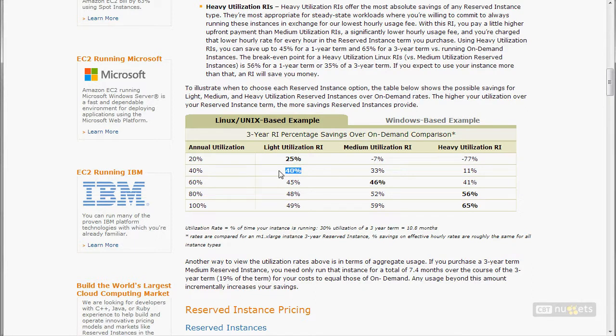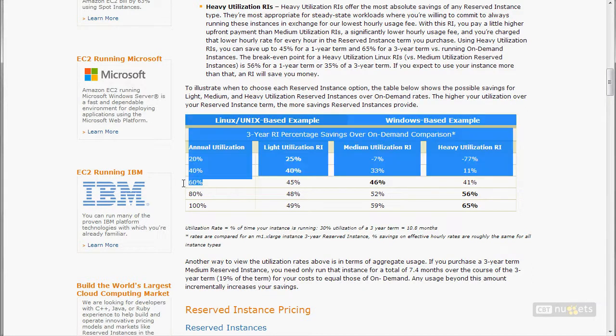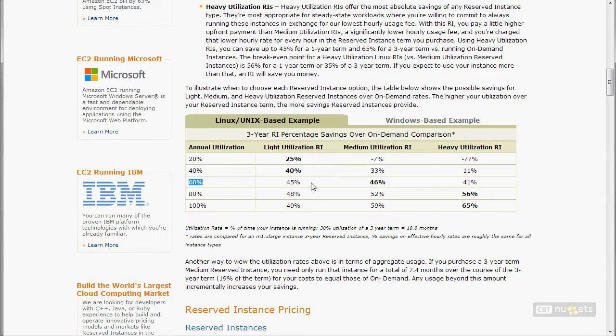If you plan on running that server 60% of the time, you can still do a light utilization reserved instance and still save gobs over standard on-demand pricing, right? But if you were to go with a medium utilization reserved instance, notice you start saving, ooh, 1% here. But if you plan on using it 60% or more, then you start really saving as you get into the 80% and 100%.